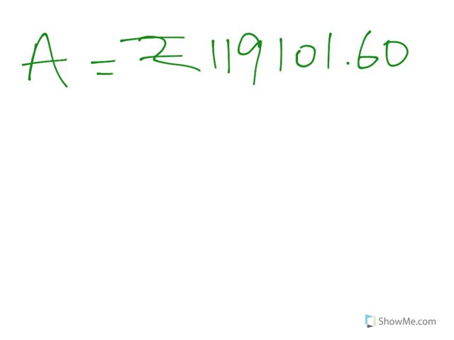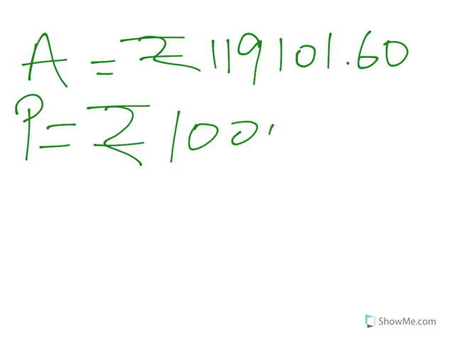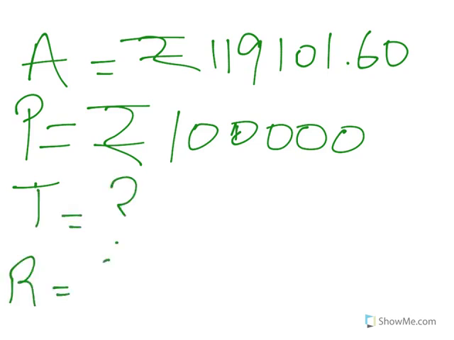And again, remember when you have a decimal with money, always remember to put two decimals. So even if only one decimal is given, put an extra zero after it. Okay, so anyway, back to the question. I know the principal is 1 lakh. We don't know what time is. And rate, I know is 6%.